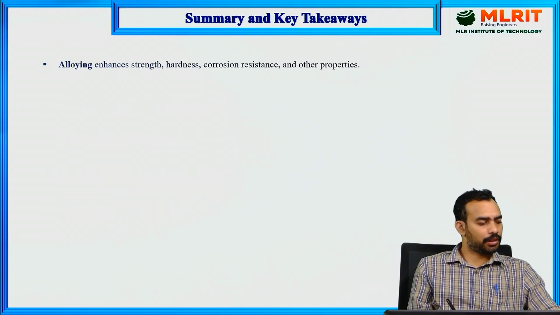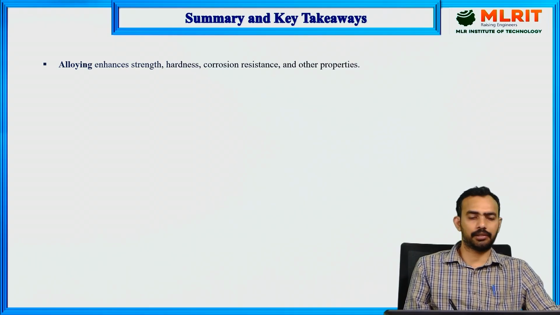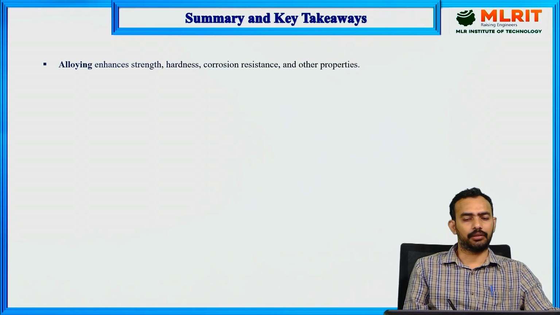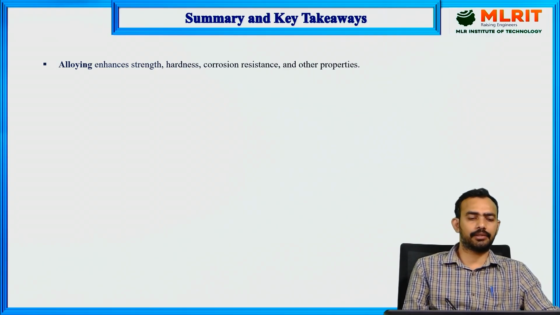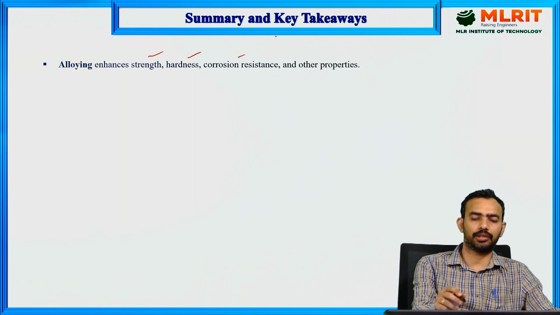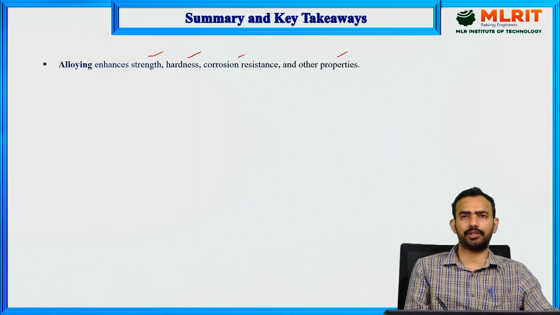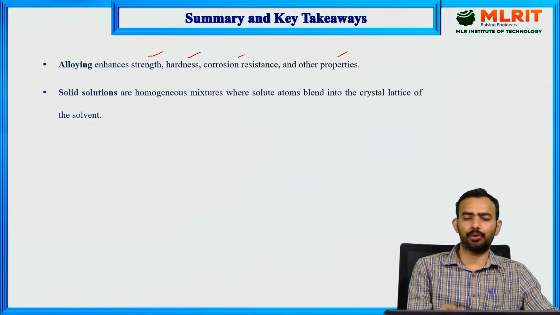So in today's session, if we summarize what we have discussed, the key takeaways are these. We understood that alloying enhances strength, hardness, corrosion resistance, and other properties, a certain combination of these properties or any one of these properties. Then solid solutions are the homogeneous mixtures where solute atoms blend into the crystal lattice of the solvent.